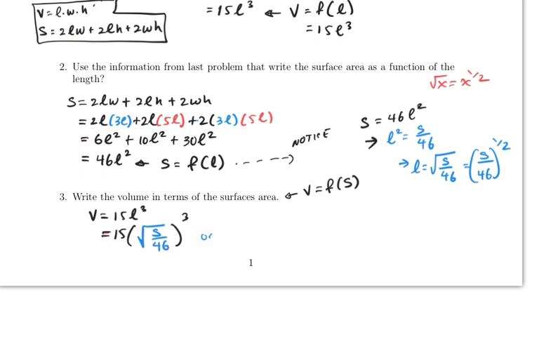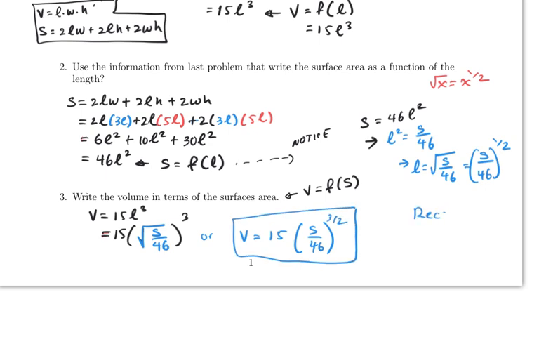Or the volume will be 15 times S over 46, and I told you that this is 1/2. 1/2 times 3, the 3 you have outside, is equal to 3/2.